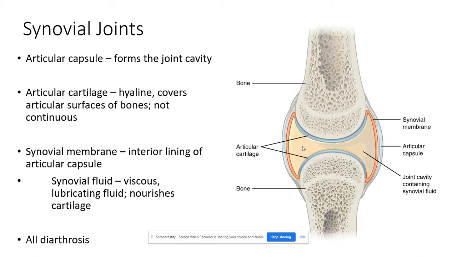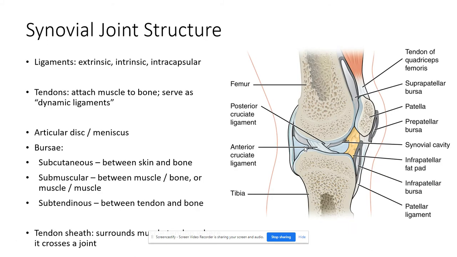And then all synovial joints are usually located in diarthrosis types of joints where there is free mobility. So some additional synovial joint structures.